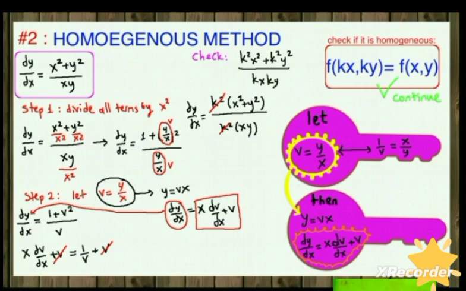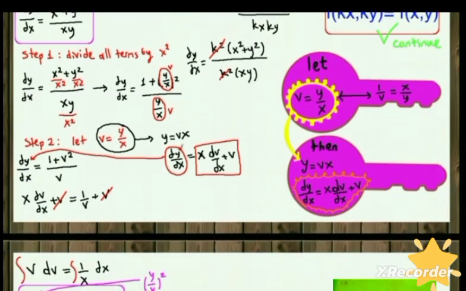In the second step, we do the v substitution. All y over x's will be v, x over y's will be 1 over v. And we differentiate the equation we derive from v equals y over x, and this differentiation will be substituted for dy over dx. Then we simplify the equation and convert it into separable form.